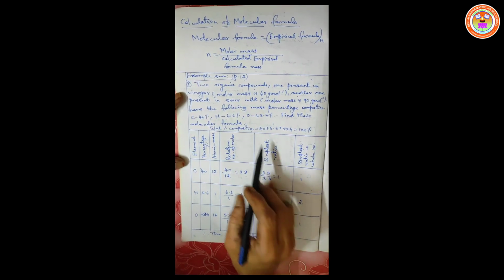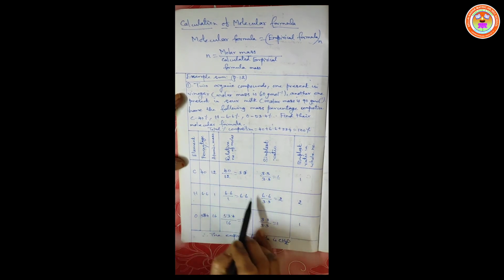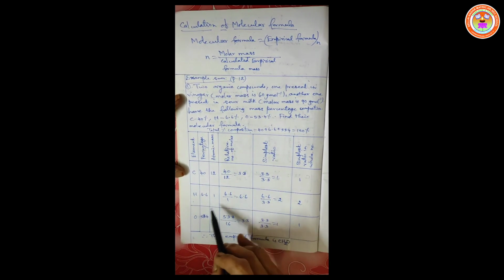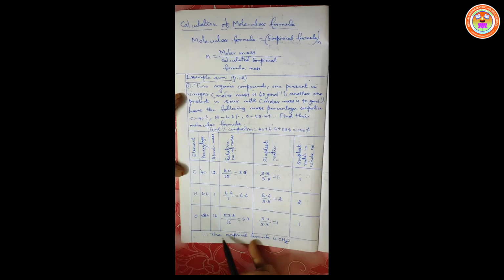For the same percentage composition, we just calculated the empirical formula, isn't it? So no need to explain the empirical formula calculation. The empirical formula of the compound is CH2O.